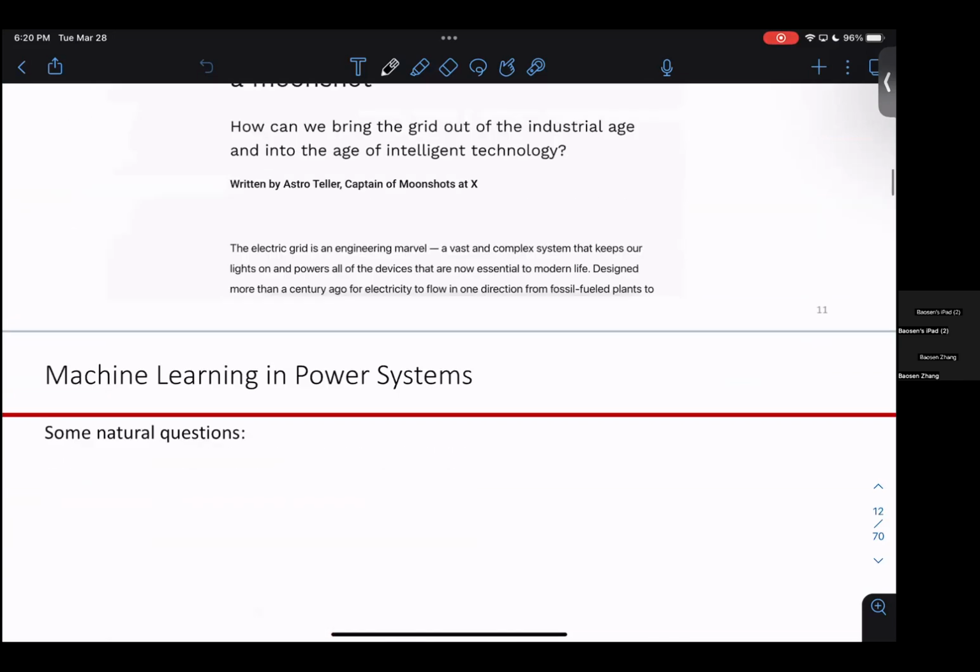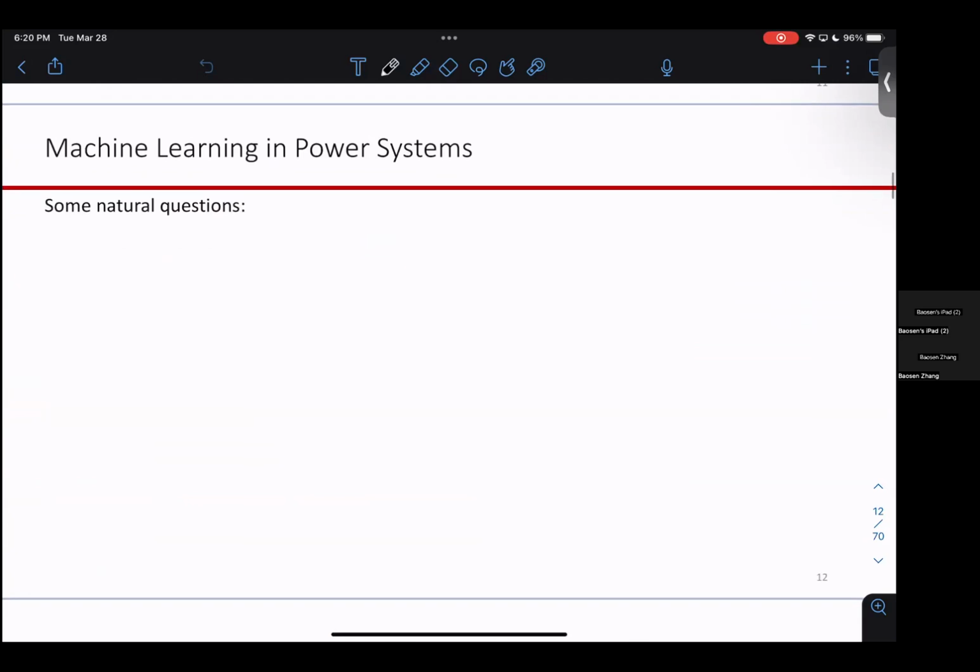All right, so now it's for us to think a little bit about machine learning for power systems, right? The one question is, why machine learning for power systems? Why do we need to do learning? Power systems have been around, in the US at least, for 80-some years, right?